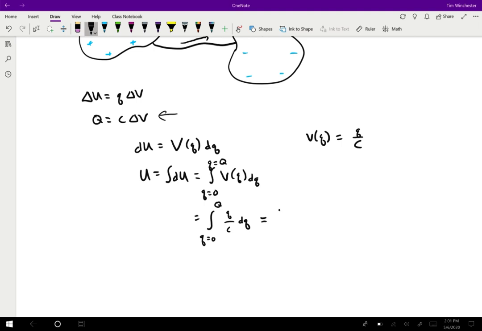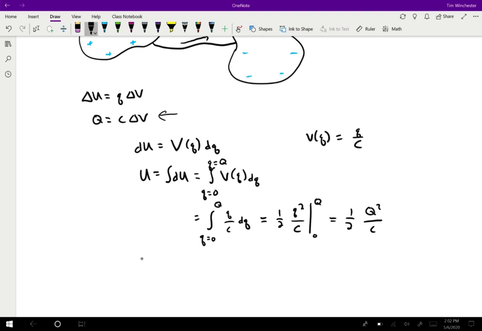That's going to be 1/2 q squared over C from 0 to big Q, so that's just going to be 1/2 big Q squared over C.